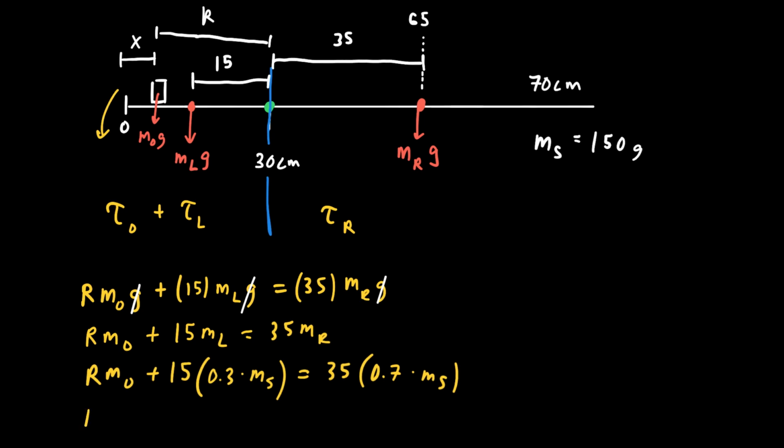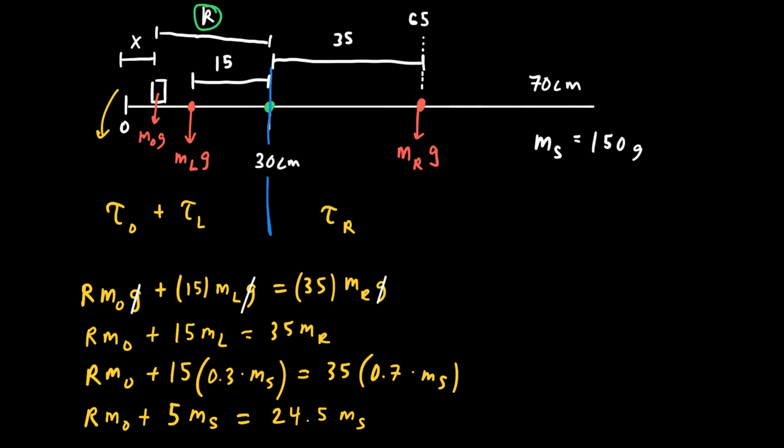And so what I'm left with is r times the mass of the object plus 15 times 0.3, which is 3/10 of 15, which is 4.5 ms, equals 35 times 0.7, that's 7/10 of 35, which is 24.5, times ms. Ultimately, what I'm looking for is r, right? R up in my picture was this variable here, which I can ultimately then relate to x.